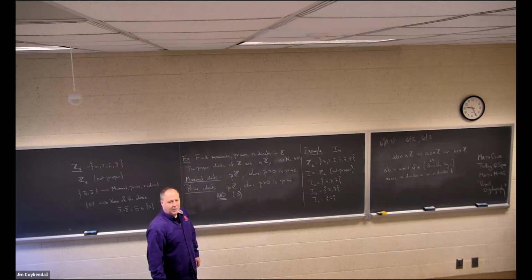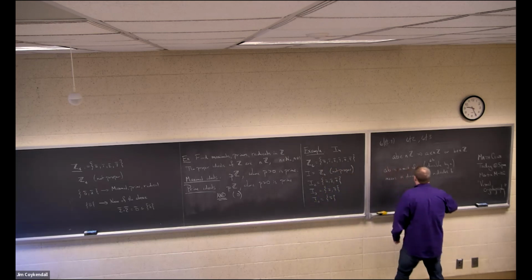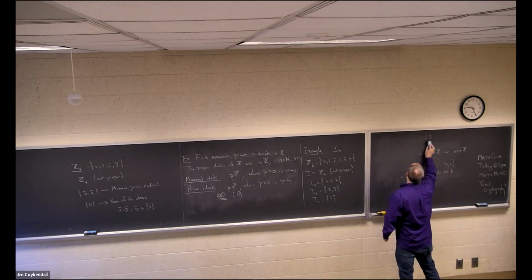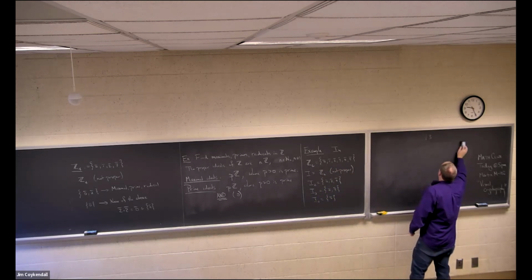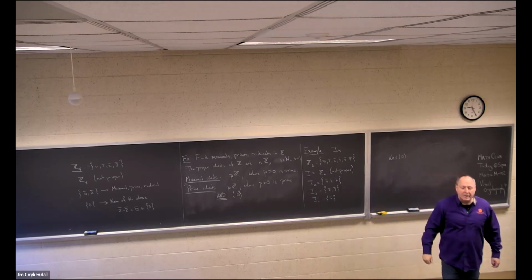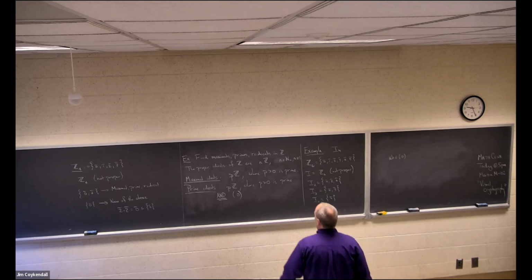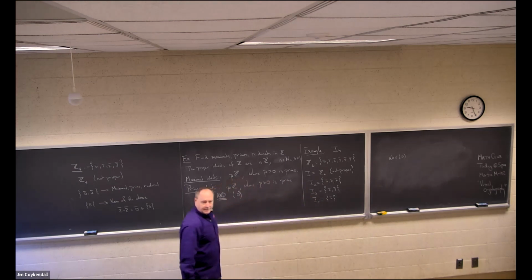That one there is actually prime in the integers, because let's think about what this means. What does A times B in the zero ideal mean? It just means A times B is zero. Now, if you've got two integers and their product is zero, what can you tell me? One of them has got to be zero. That means that zero is a prime ideal.